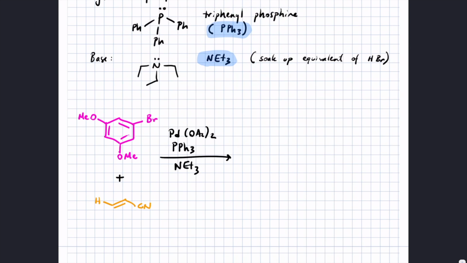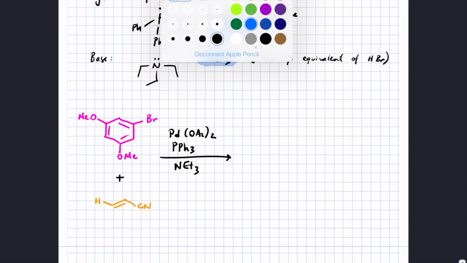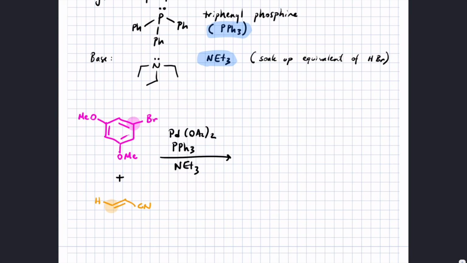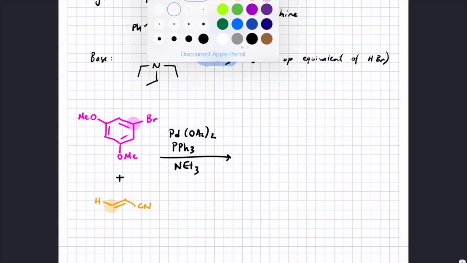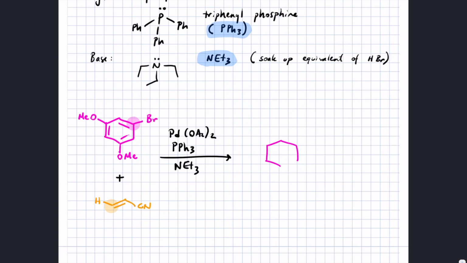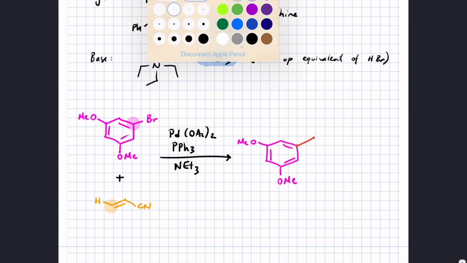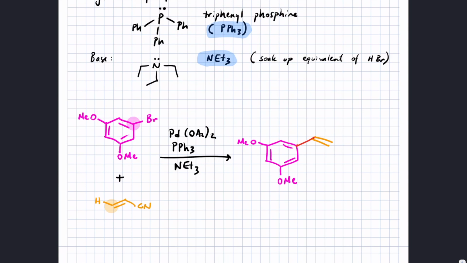And remember that this reaction is going to create a new bond between the carbon I just highlighted in pink and the carbon I just highlighted in orange. All right. And the real utility of this reaction is how specific it is. I'm going to use in red the new bond that we made. Here's the olefin.